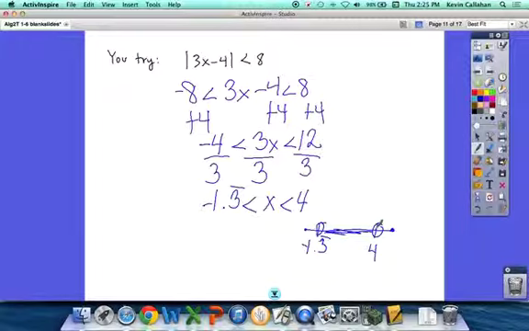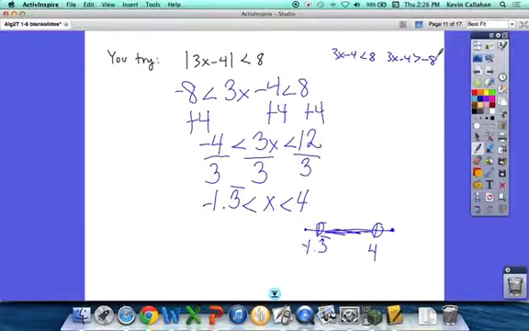Now again, you might have been taught differently, and I would just say you need to learn how to do three-part inequalities. If you don't, then you've got to set it up like this. You've got to have one inequality, which is 3x minus 4 is less than 8, and then you've got to have 3x minus 4 is greater than negative 8.